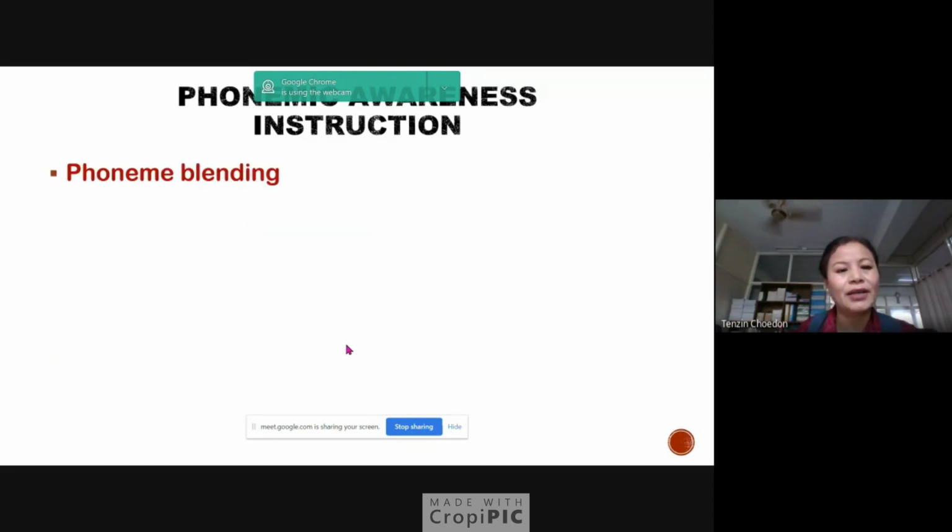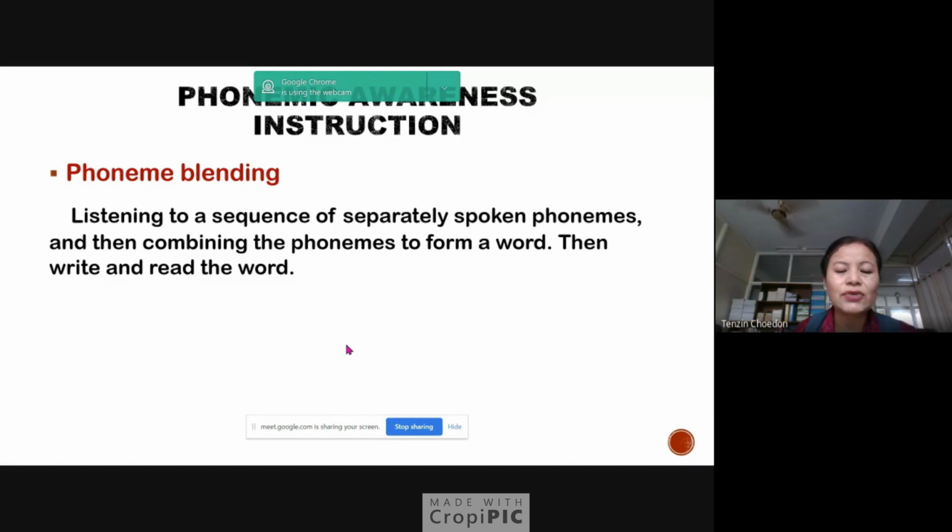Phoneme blending. Listening to a sequence of separately spoken phonemes and then combining the phonemes to form a word. So in blending, what happens? We don't listen to the word as a whole, but the phonemes separately.